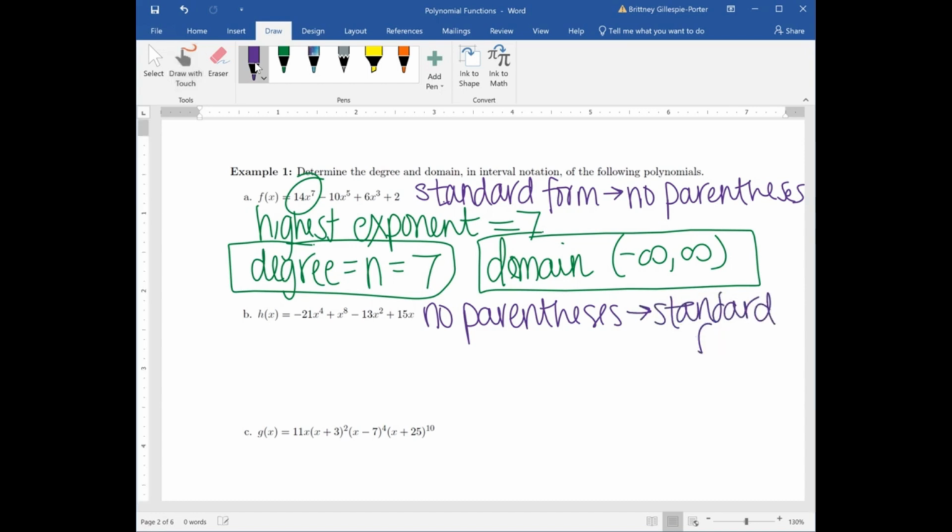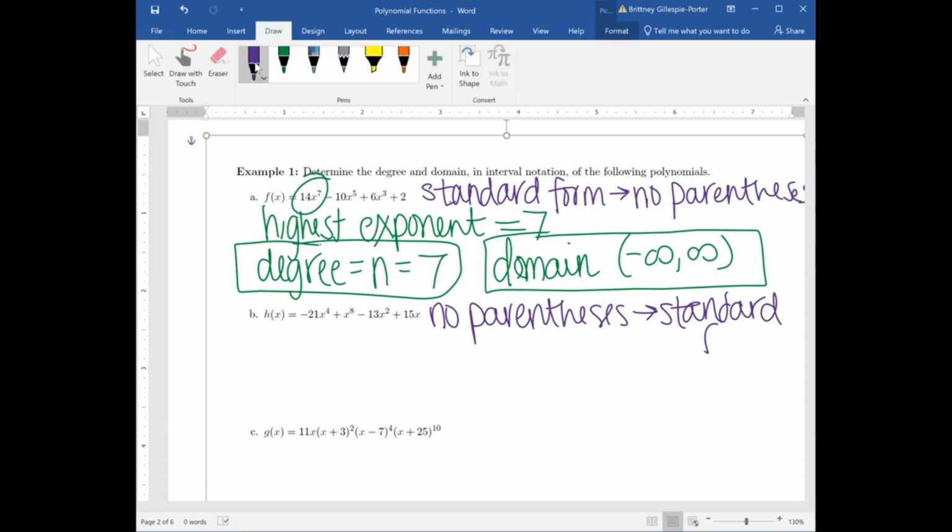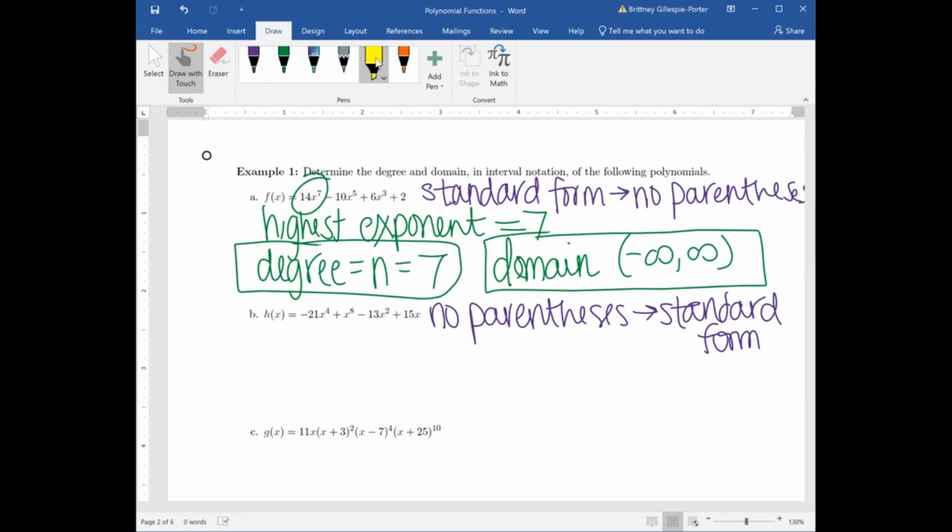In our last example, our standard form was already in descending order, and we could use the very first term. But here, notice that our biggest exponent is actually our second term. It's not automatically the first one because it needed to be in descending order, or if you don't want to take the time to do that yet, we need the highest.